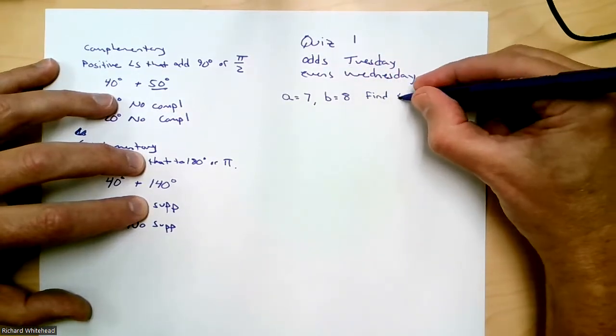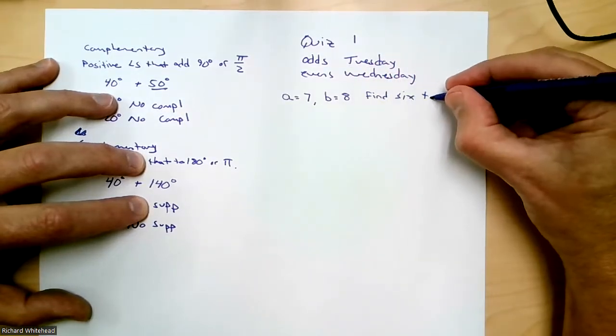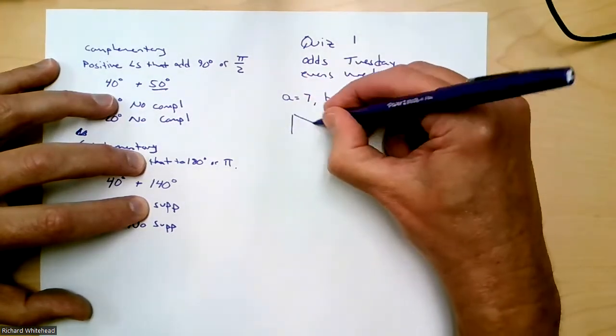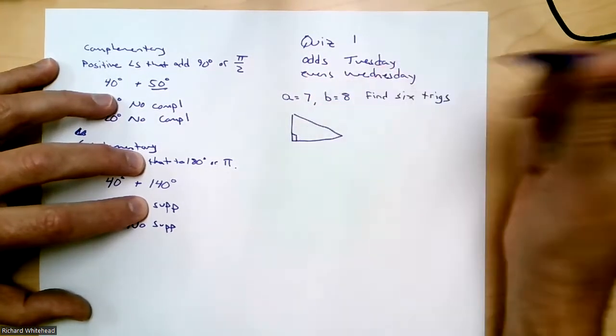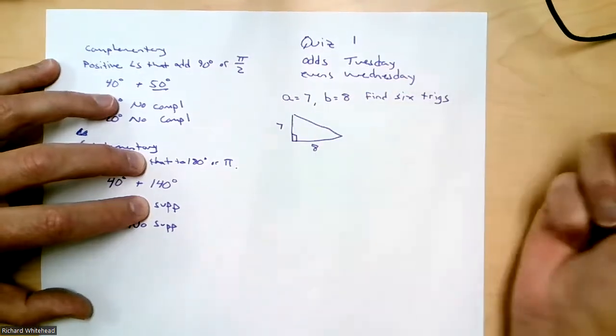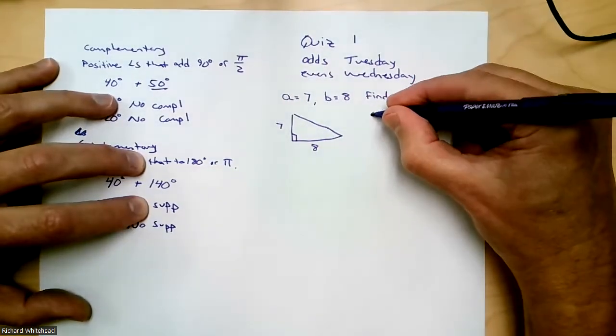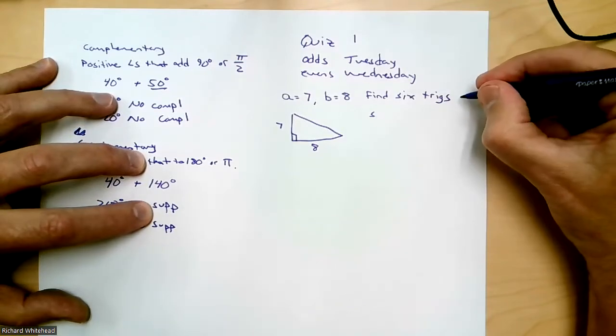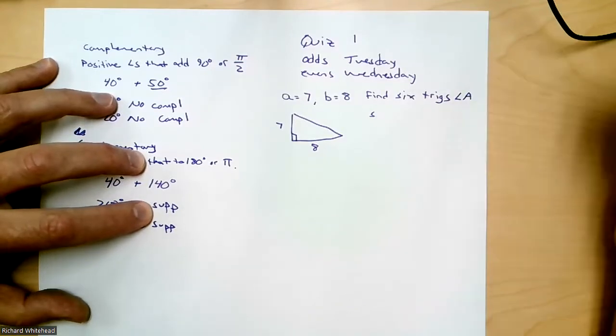Find the 6 trig ratios. So first thing you're going to have to do is say, I've got 7 and I've got 8, so we're going to have to use the Pythagorean theorem, et cetera. And the 6 trigs for angle A, something like that.